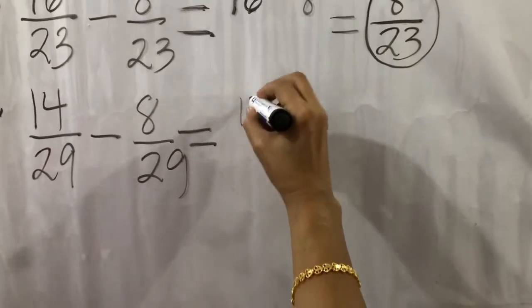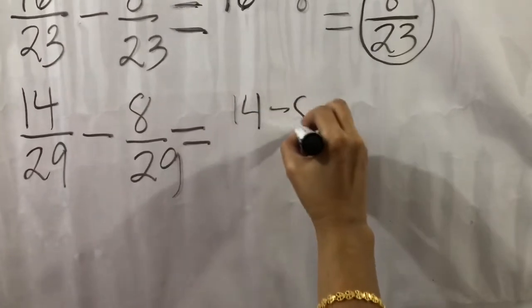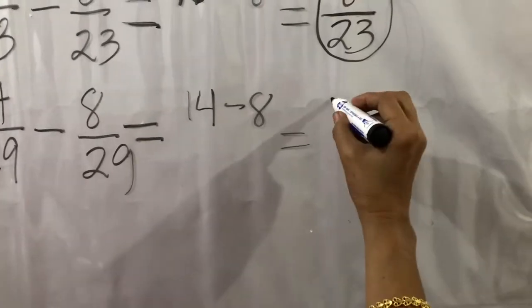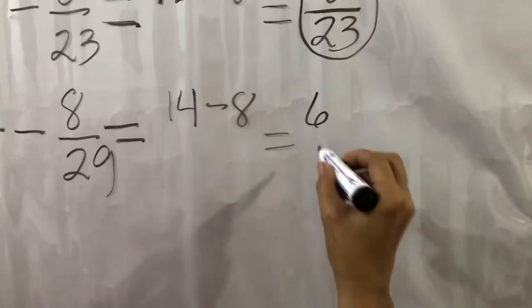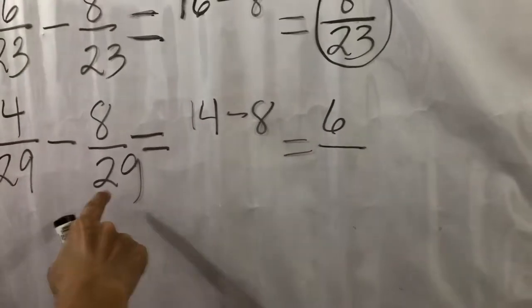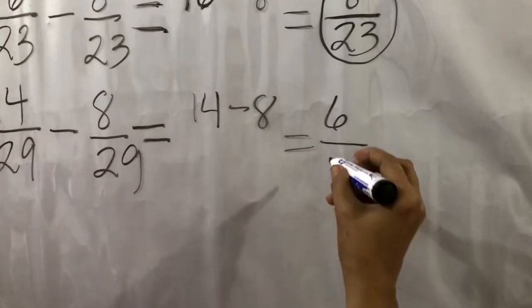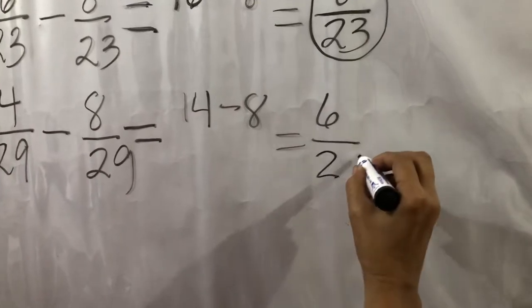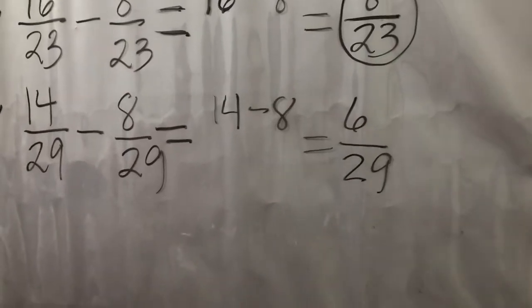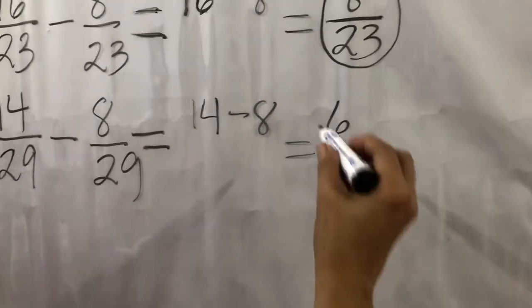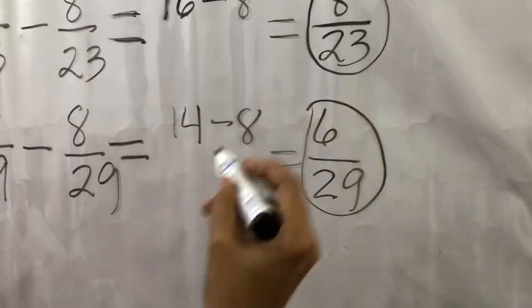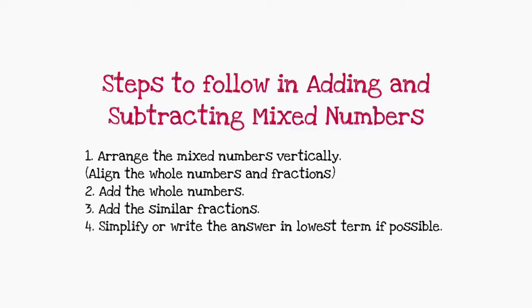So 14 minus 8 equals 6. To get the denominator, you copy 29. So we have 6/29 is the answer. So that is now the answer in lowest term.